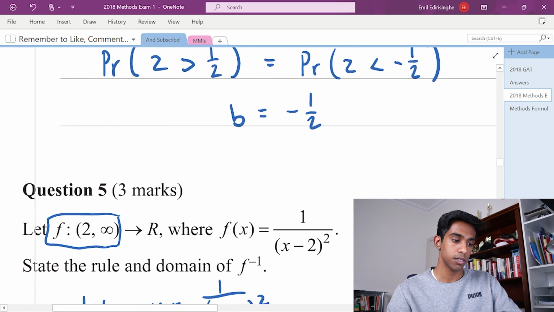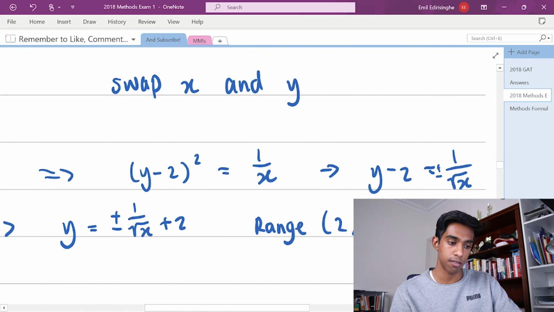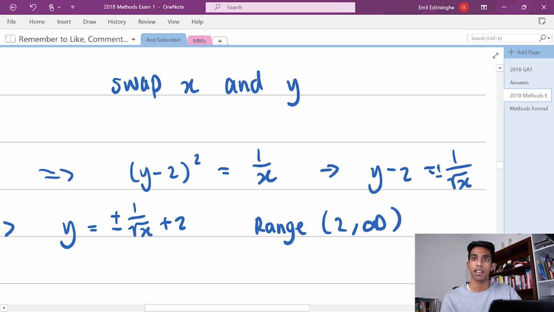Let's have a look to make sure. Yep, 2 to infinity. And because the range has to be from 2 to infinity, I also know that this must be a positive root x, because if it was negative, the range would be from 2 to negative infinity, because you'd be doing 2 minus some x number.